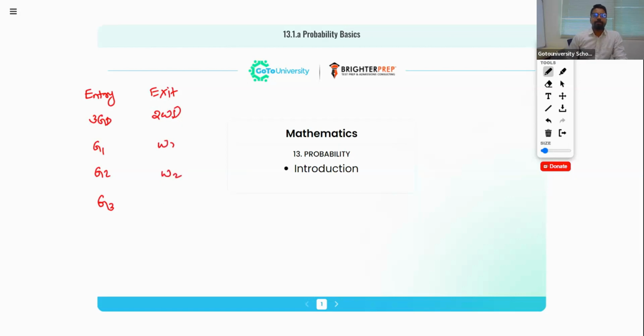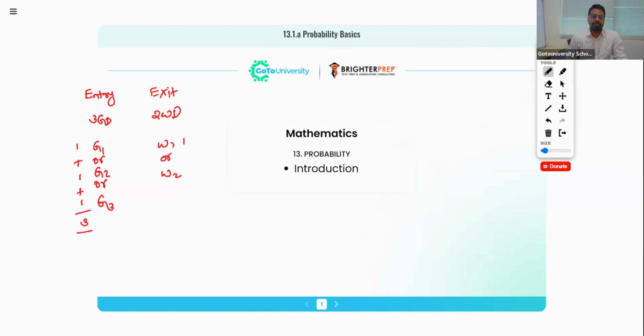So now you are being given a task to enter this mall. How many different ways can you enter this mall? You can enter through the first door, or the second door, or the third door. So how many ways? 3 ways.